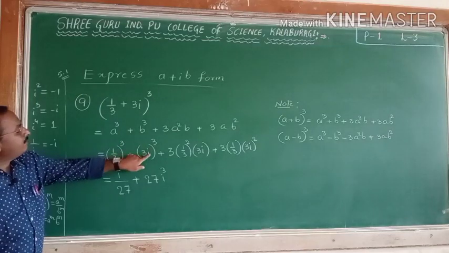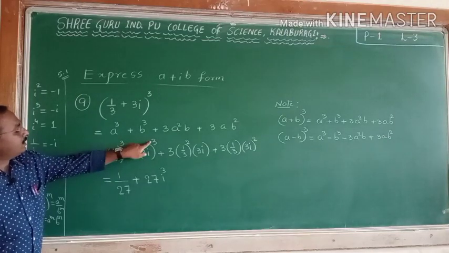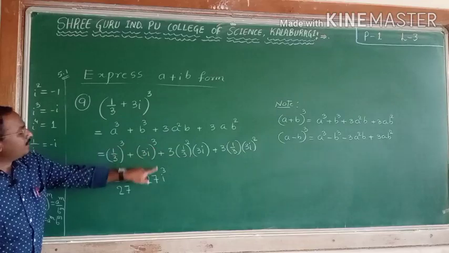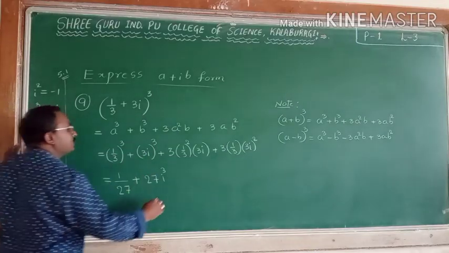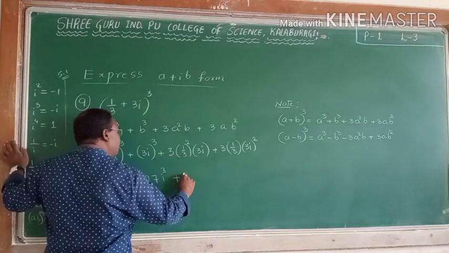Here 3 power 3 is 27, i power 3 as it is, plus 3 as it is.